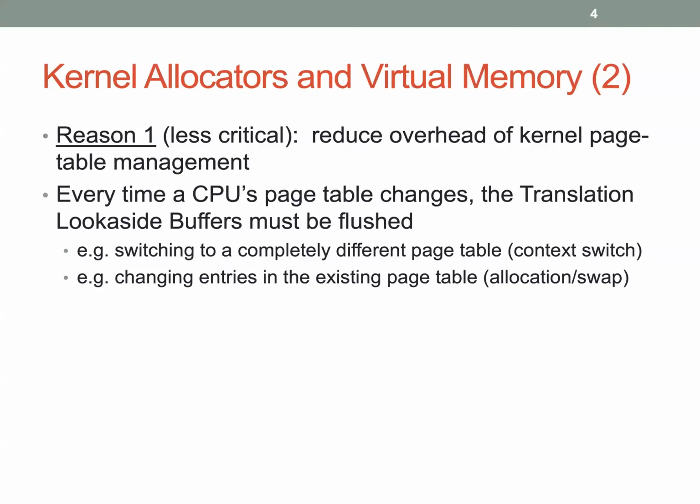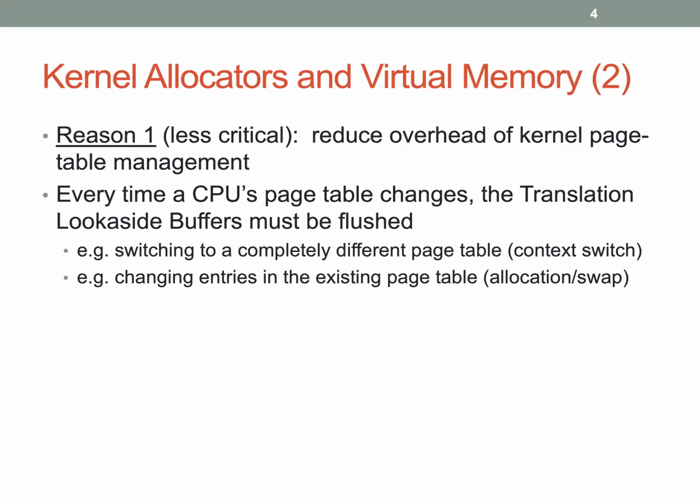This is the fastest hardware cache on your entire processor, because when you have to look up the mapping from a virtual page number to a physical page number, and that's stored in memory, then you're incurring an extra 1 to 400 clocks per memory access. And nobody wants that.